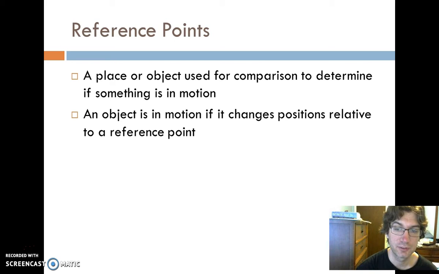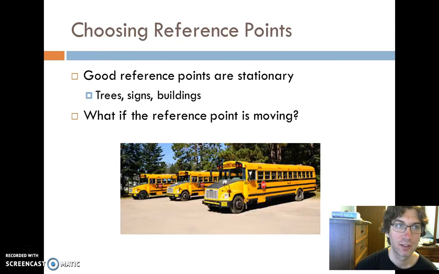If I choose me as the reference point and I put my perspective on the tree, and the tree and I are getting closer, the distance is decreasing, I can say that the tree is coming towards me. It all depends on that reference point. Motion is relative, and that is a very strange concept to wrap your head around. So please, if you have questions, make sure you're asking them.